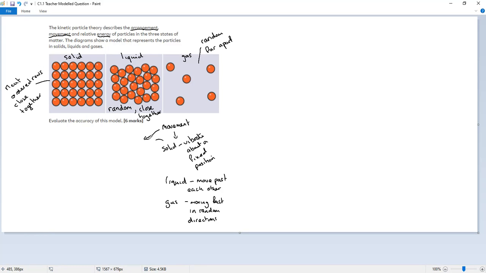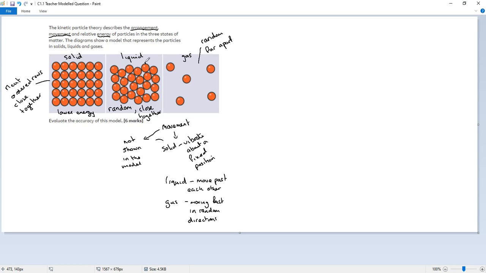So I'm just going to write myself a note that it's not shown in the model. That's one of the weaknesses of this model. And then the third one we've underlined is the energy. So solid has lower energy because the particles aren't moving as fast.